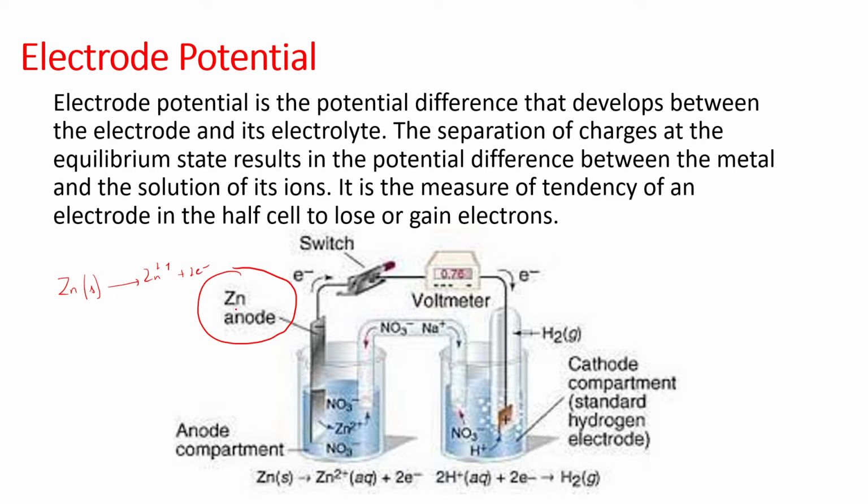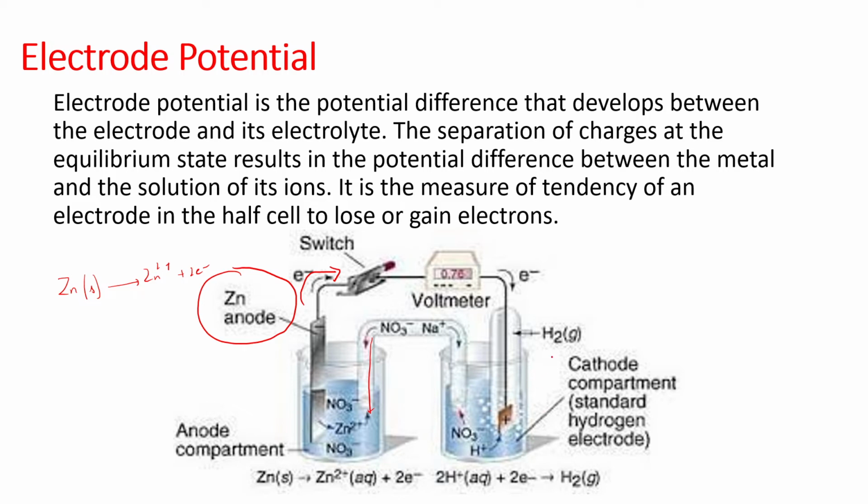So in this salt bridge you have put sodium nitrate. The zinc 2 plus ions are combining with the nitrates from here and forming zinc nitrate, while the electrons released go to the electrical circuit.